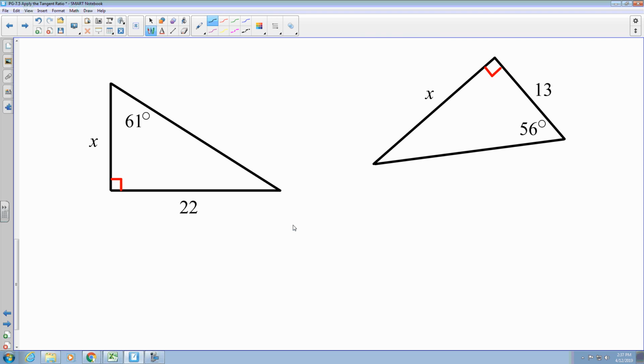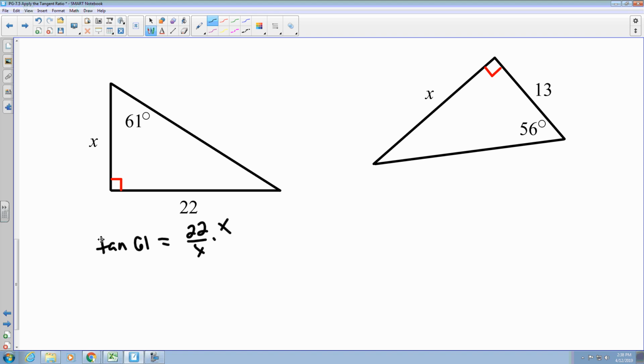In order for us to find that side length, we've got to use one of the trig ratios. So we get the tangent of 61 degrees is going to equal the opposite, which is 22 over x.